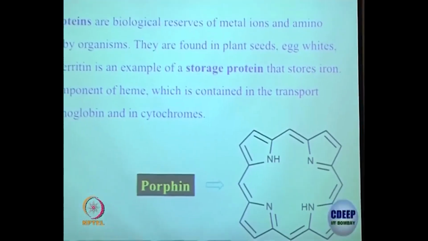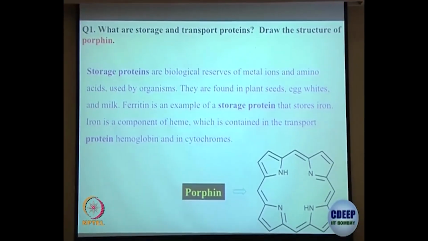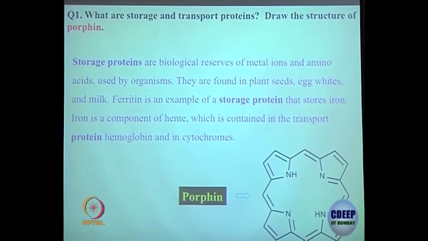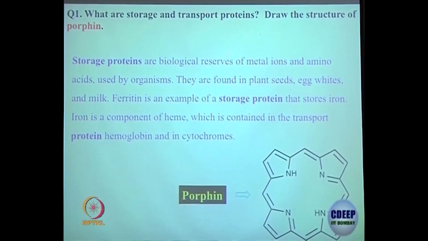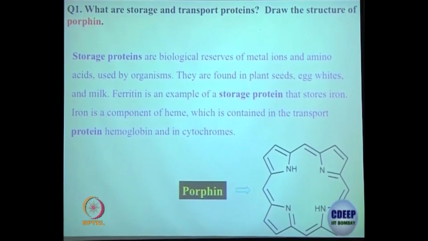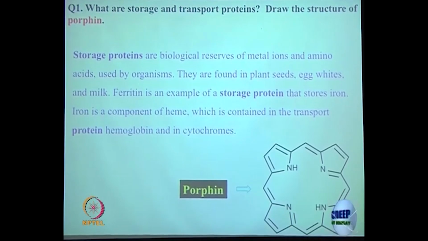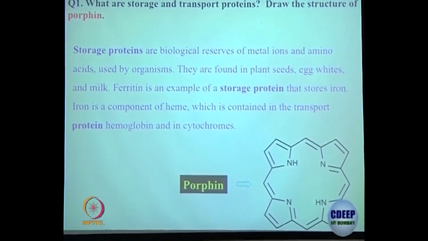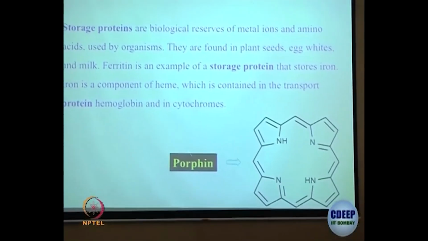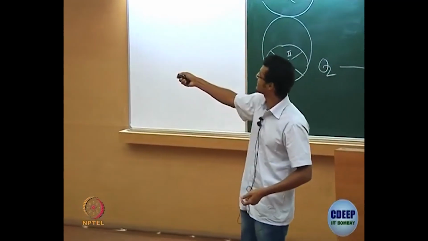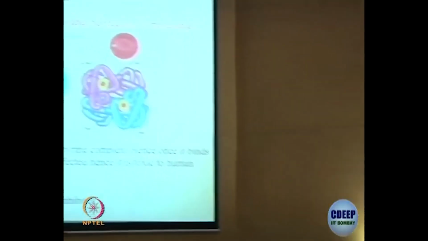Water storage and transport protein, we have discussed. Storage protein stores things, transport proteins transport things. The answer is given over here. If you give me an opportunity, I will wait for you. Why is cyanide toxic? We have discussed again.